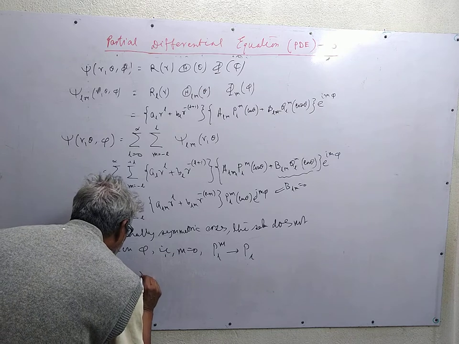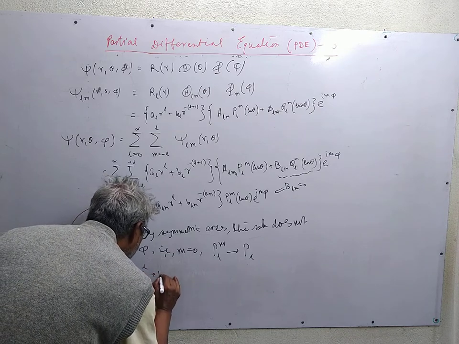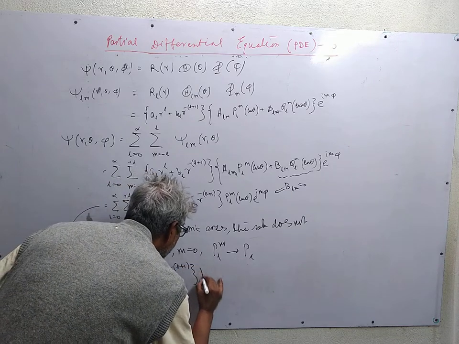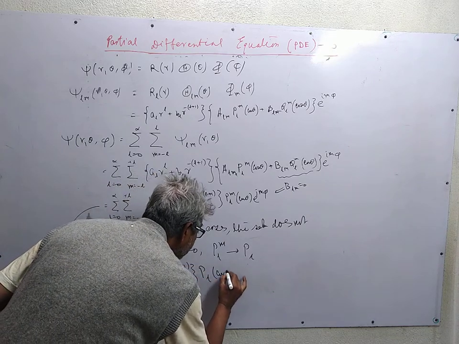This is AL r to the power L plus BL r to the power minus L plus 1, times PL cos theta.